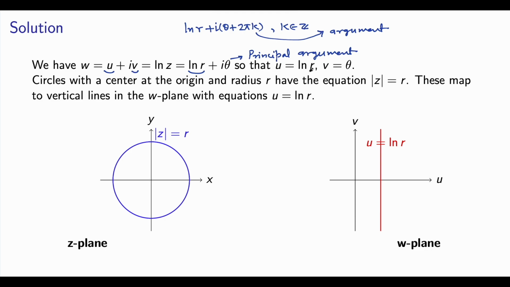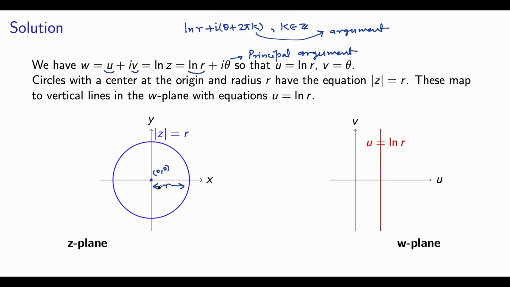So if you see ln of r in the W plane, we are going to get a line which is parallel to the v axis. Here, modulus of z equal to r will produce a circle with center 0, 0 and radius r.